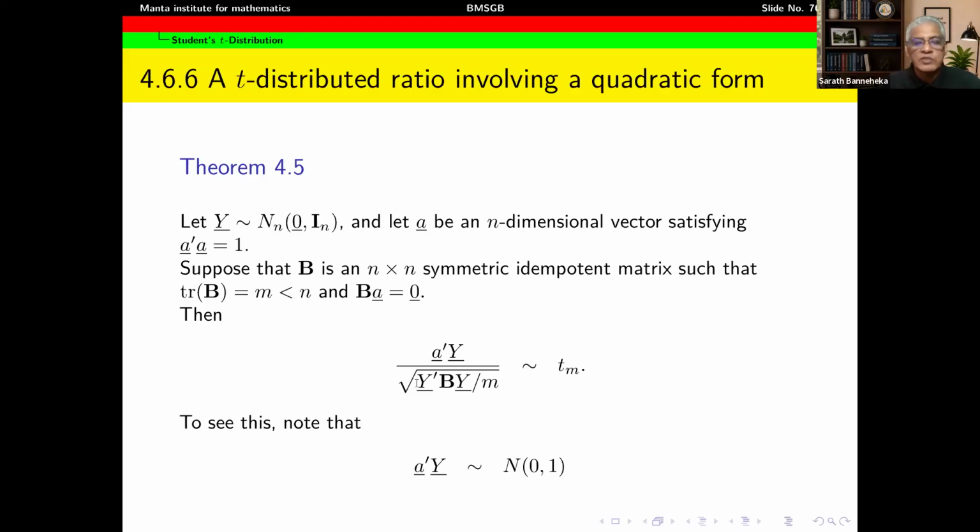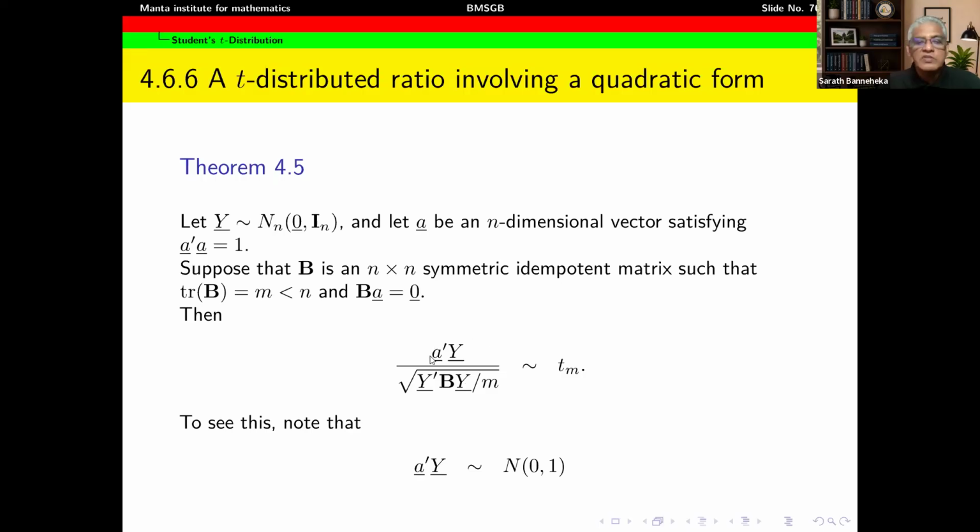This thing itself is a single random variable, and it will have a chi-square distribution when B is a symmetric idempotent matrix with trace m. It will have a chi-square distribution with m degrees of freedom.